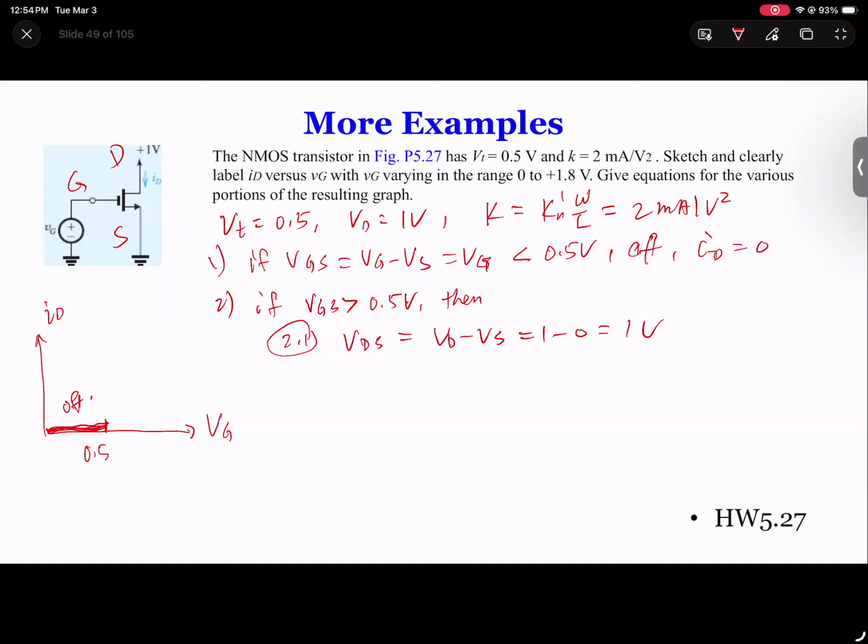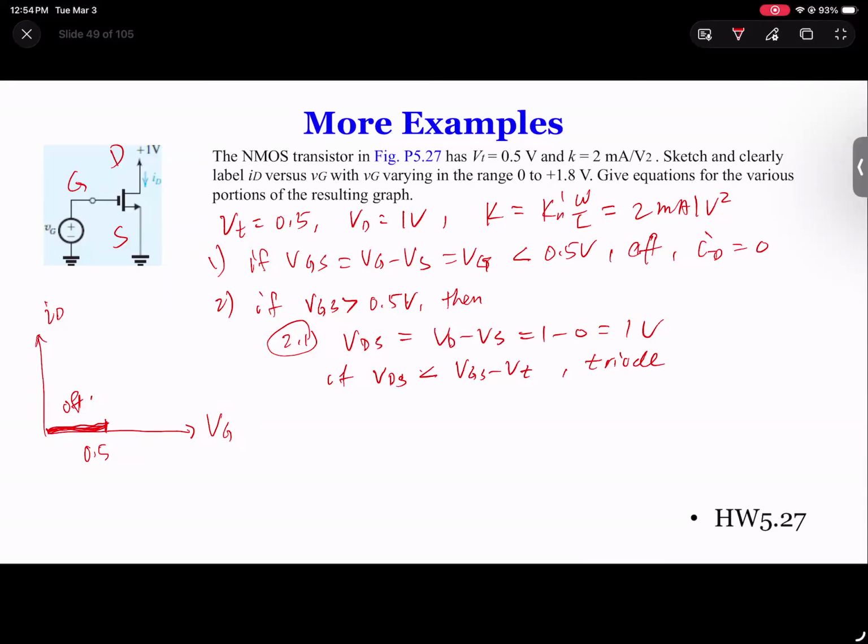So VDS is 1, and then we look at if VDS is less than VGS minus VT, it's going to be in triode mode.